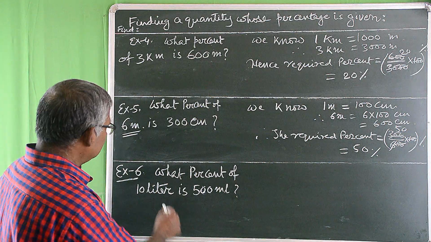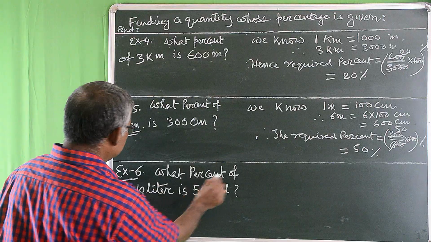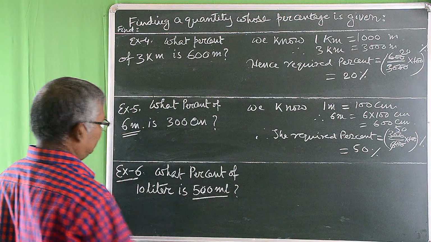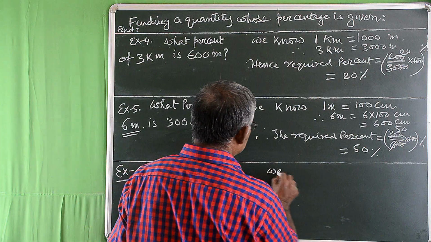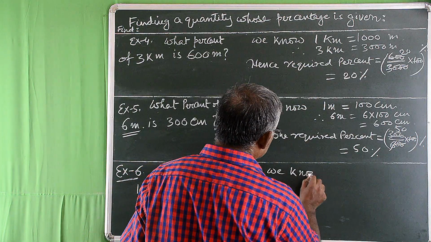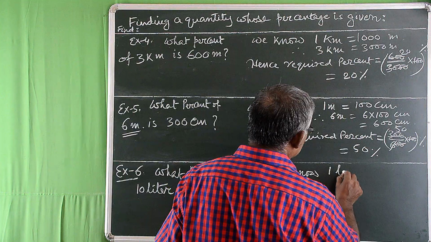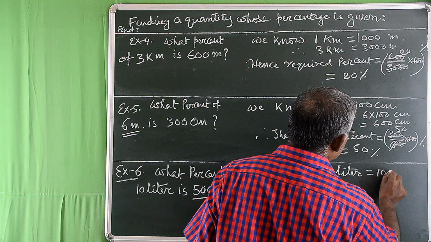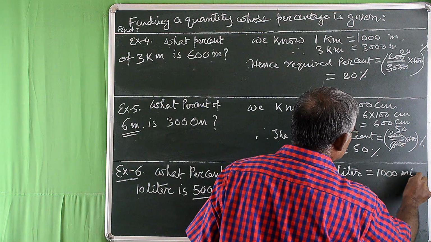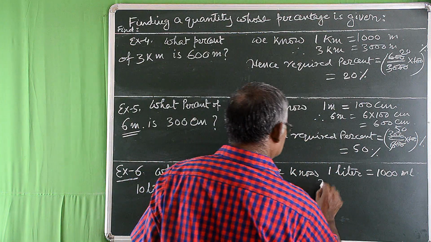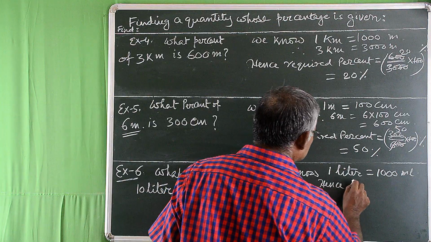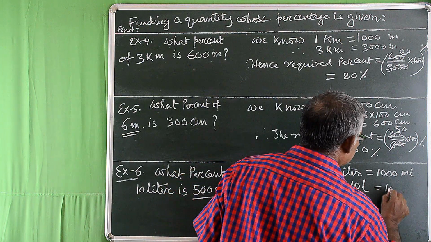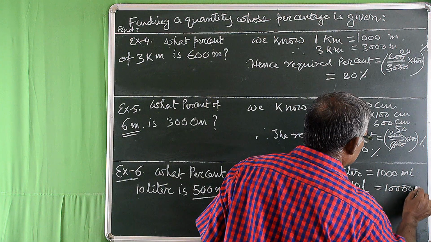Let us consider the next problem. What percent of 10 liter is 500 milliliter? We know 1 liter equal to 1000 milliliter. Hence 10 liter equal to 10,000 milliliter.